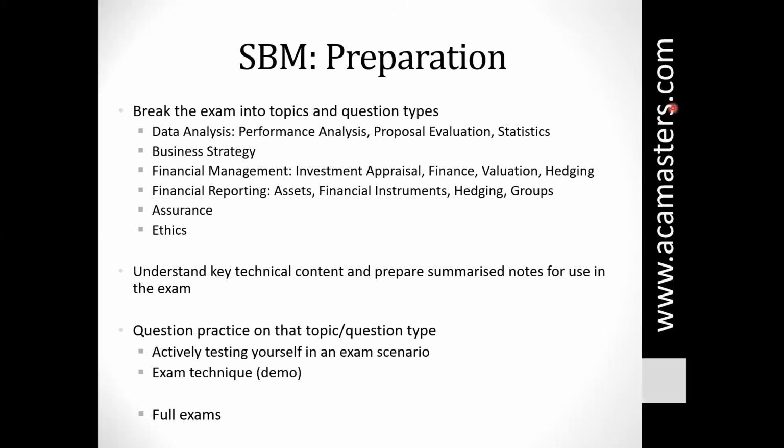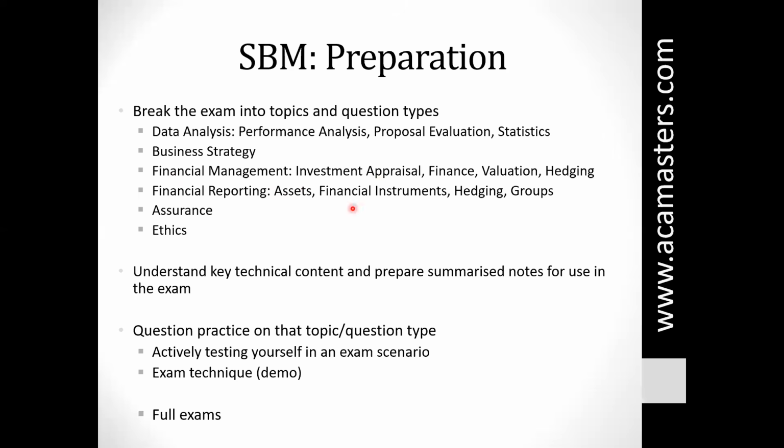Do you have any advice on how to split our time between CR and SBM? Quite a lot of that is covered in those videos I just referenced. What is really important to appreciate is that there is some overlap between the two exams, the obvious one being financial reporting. So when you're building your study plan, when you're doing assets, for example, for CR, it makes sense to look at some of the SBM questions as well and attempt some of those.